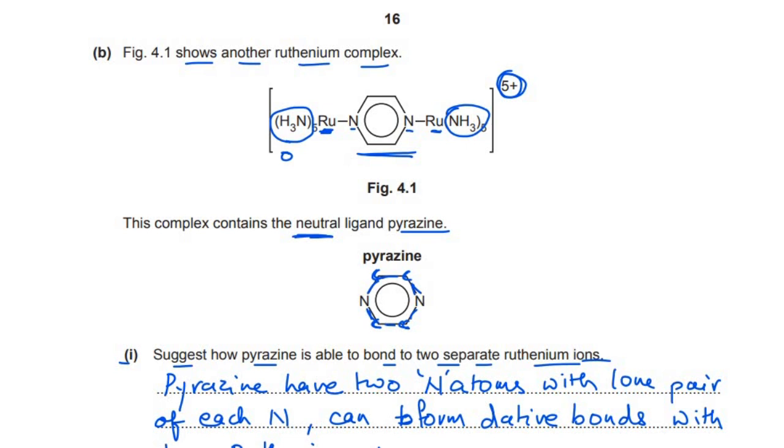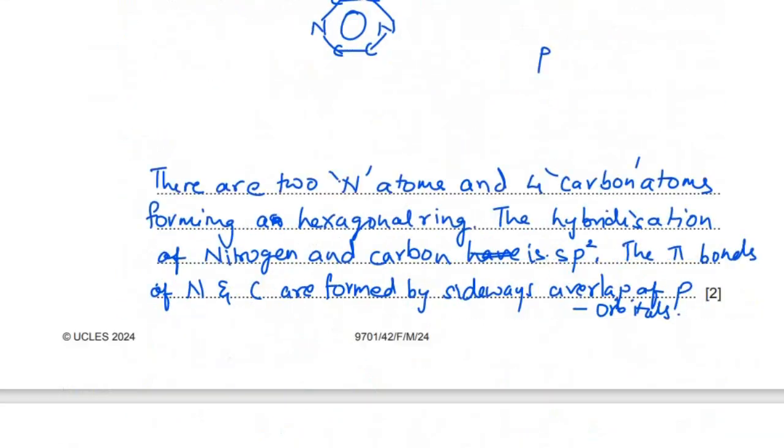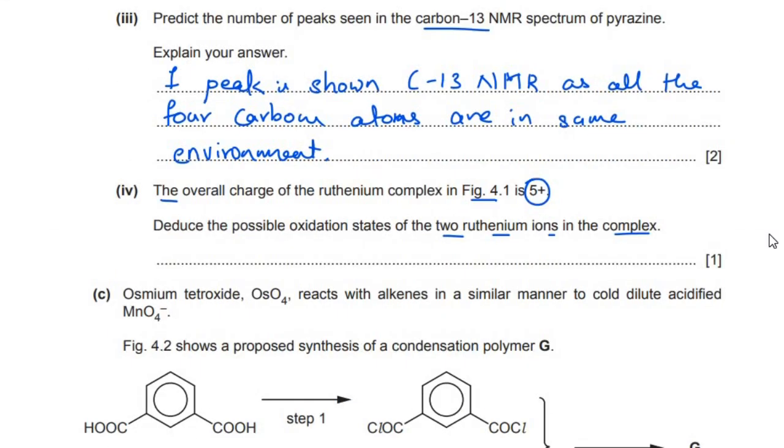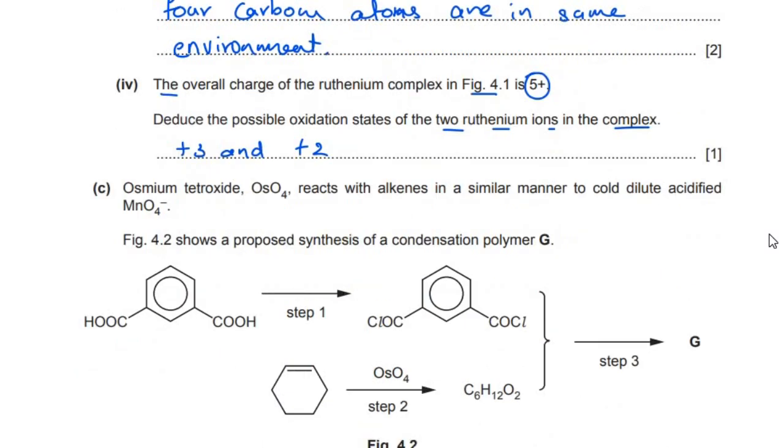So the ruthenium's charges should be either +3 and +2, or +4 and +1. Then only we can have a total of 5+. So you can write either of them. We are just writing directly the possible oxidation states of +3 and +2. This is how we are going to end up writing the charge.